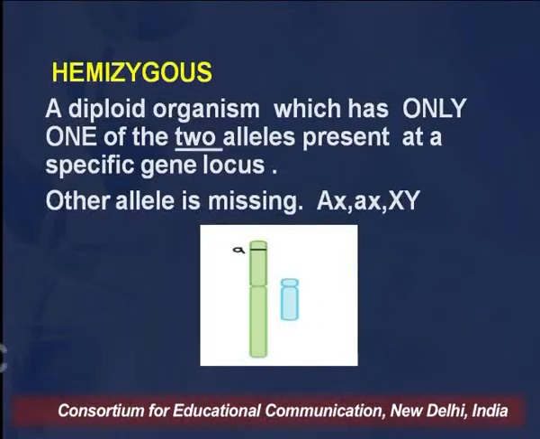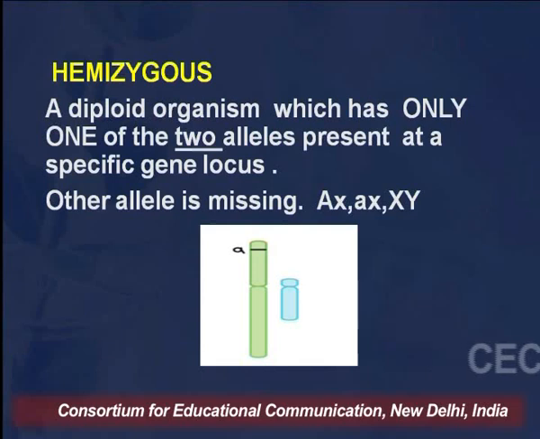What would happen if there is just one chromosome and there is no allele on the corresponding locus, or for that matter there is no corresponding or homologous chromosome at all? A diploid organism which has only one of the two alleles present at the specific gene locus would be hemizygous, because the other allele is simply missing.